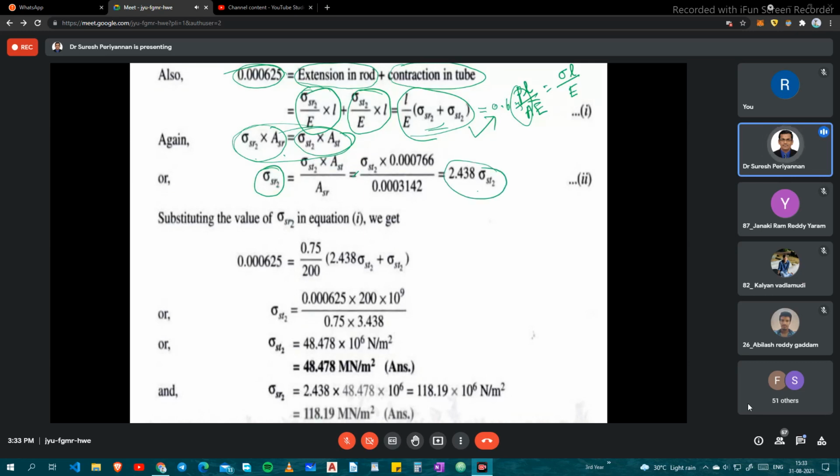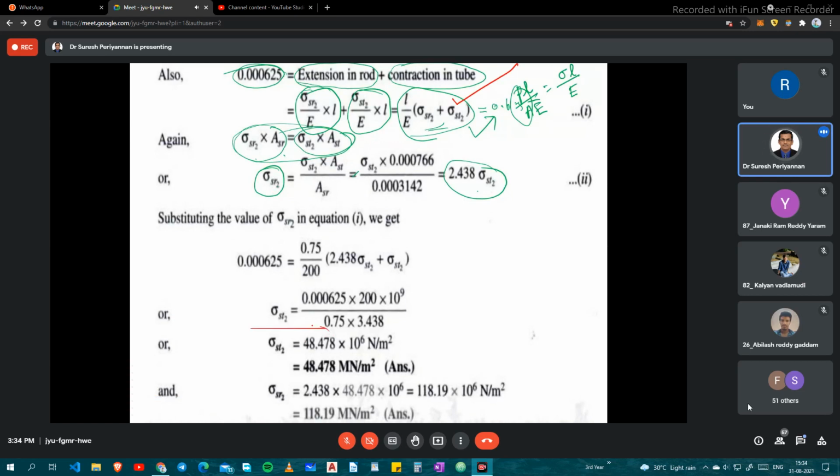Now substitute this. The stress in the rod is equal to 2.438 times the stress in the tube. Then substitute into the main equation, and now we are able to find the stress in the tube.